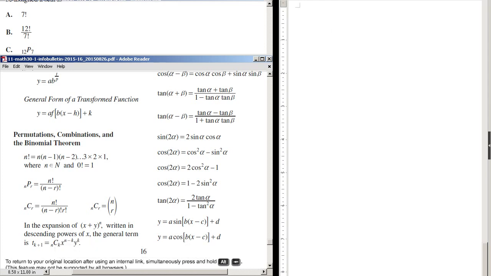It tells us that when (x plus y) to the n is expanded, the general term t k plus 1 is equal to nck x to the power of n minus k y to the power of k.